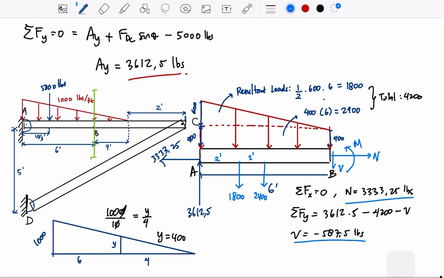Now we can also compute all the things here, N and the shear. And we might need that for solving the moment at B. Okay, I think we can try that out.